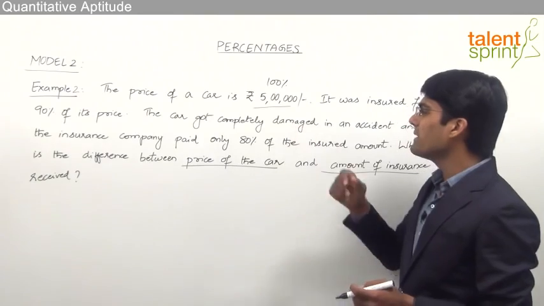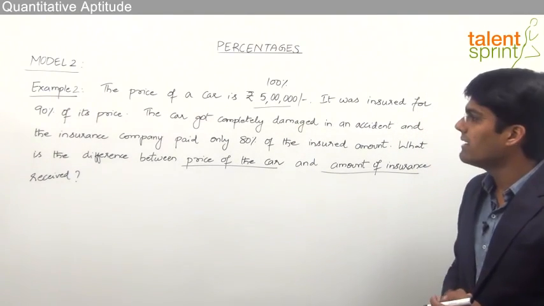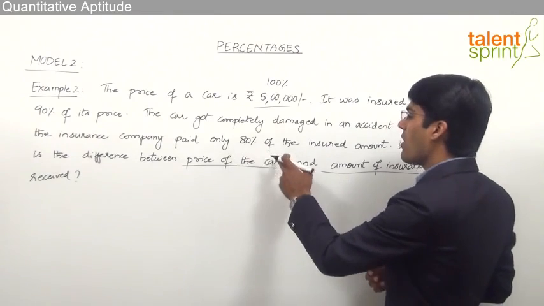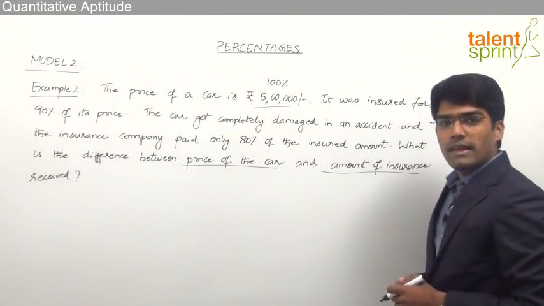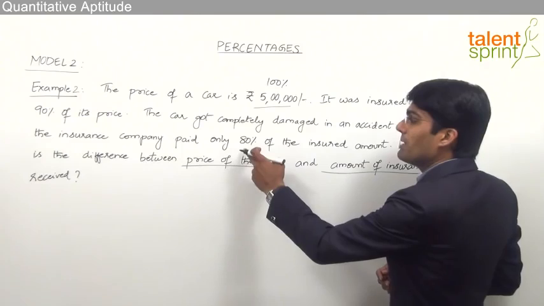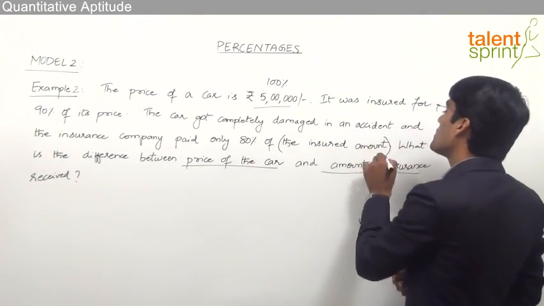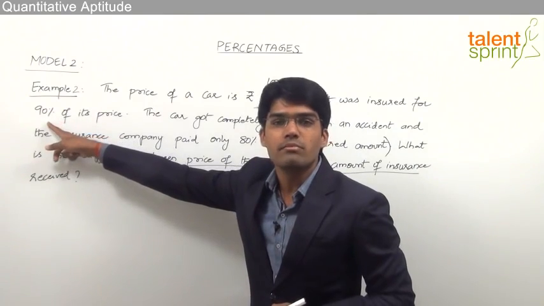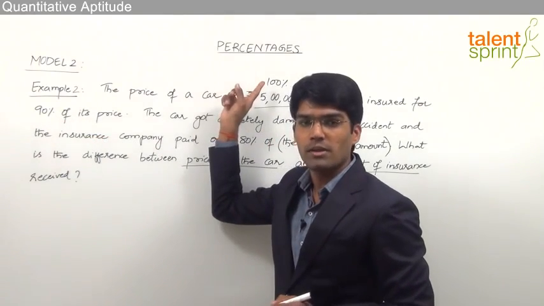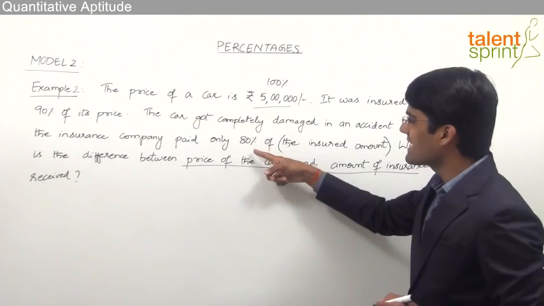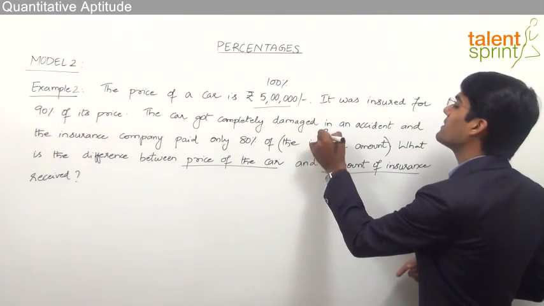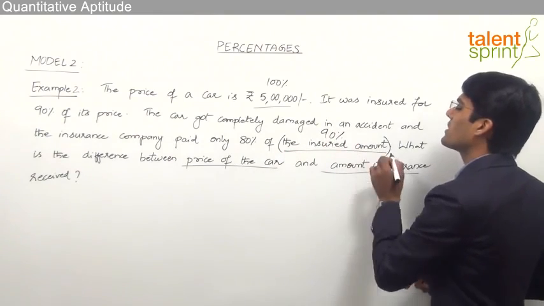The car got completely damaged in an accident and the insurance company paid only 80% of the insured amount. Now remember friends, the company paid 80% of the insured amount. We very well know that the insured amount is only 90% but not the total value of the car. So we can clearly understand that the company paid 80% of 90%. That is nothing but the insured amount.